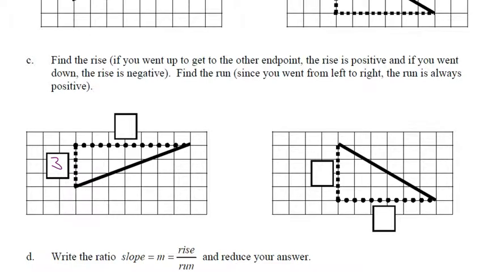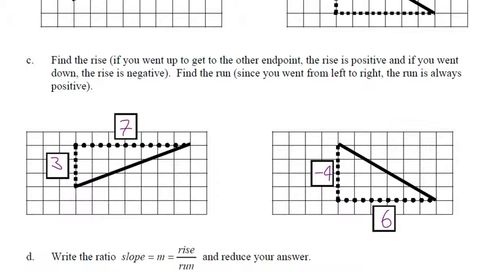Since you went from left to right, the run is always positive. 7. 1, 2, 3, 4, 5, 6, 7. Okay, how about on this one? Negative 4. And the run? 6. Since you went from left to right, the run is always positive.